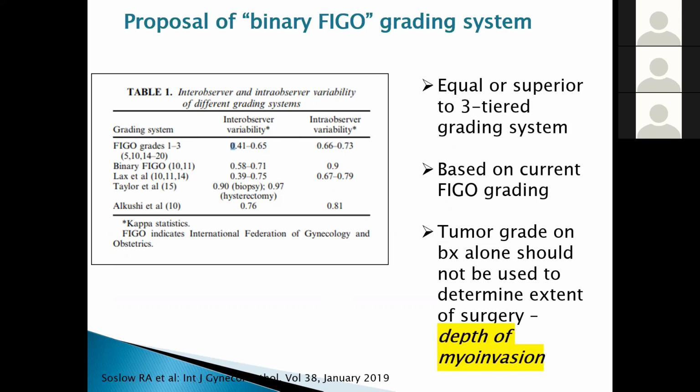But really, for managerial purposes, it's the myoinvasion that determines what happens to the patient. On a biopsy, oftentimes people say 1, 2, 3, but the frozen comes and they want to know myoinvasion, and that will determine what happens with the staging. The same thing for neoadjuvant or adjuvant treatment, because 1 and 2 get no treatment, versus 3 is treated with chemo after the surgery.